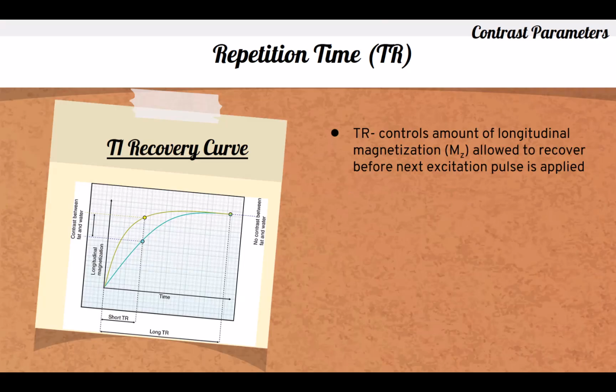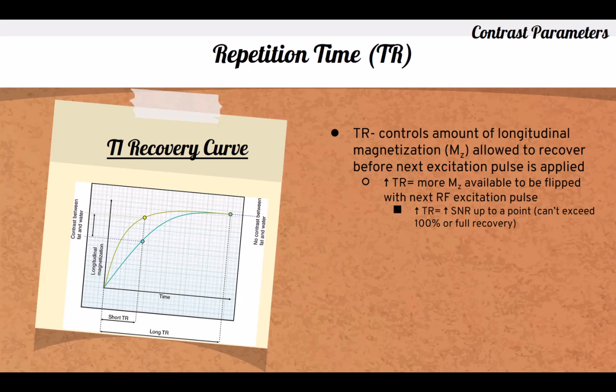Repetition time, TR. TR controls the amount of longitudinal magnetization, M sub Z, allowed to recover before the next excitation pulse is applied. As you increase TR, more longitudinal magnetization is available to be flipped with the next RF excitation pulse.